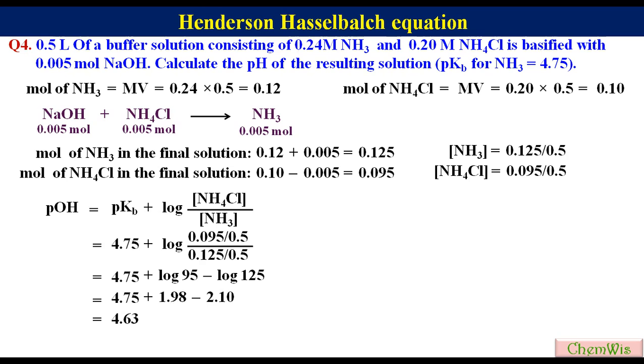So the pH will be equal to 14 minus pOH, is equal to 14 minus 4.63, is equal to 9.37.